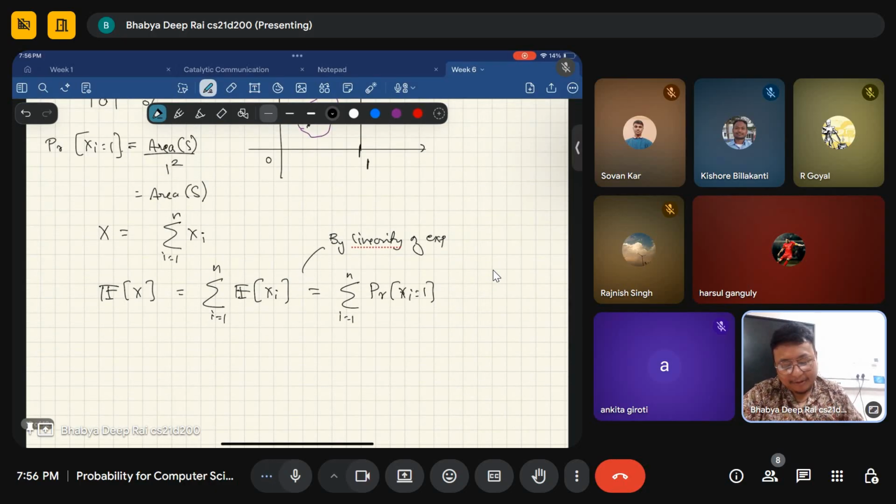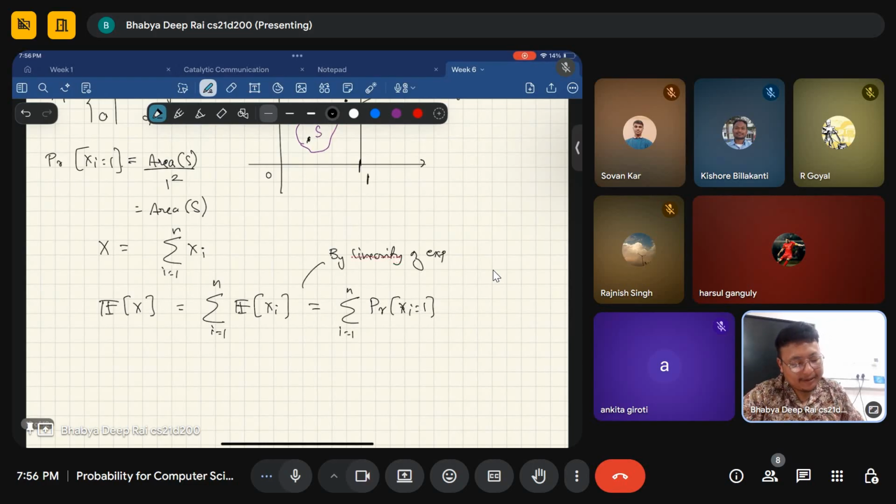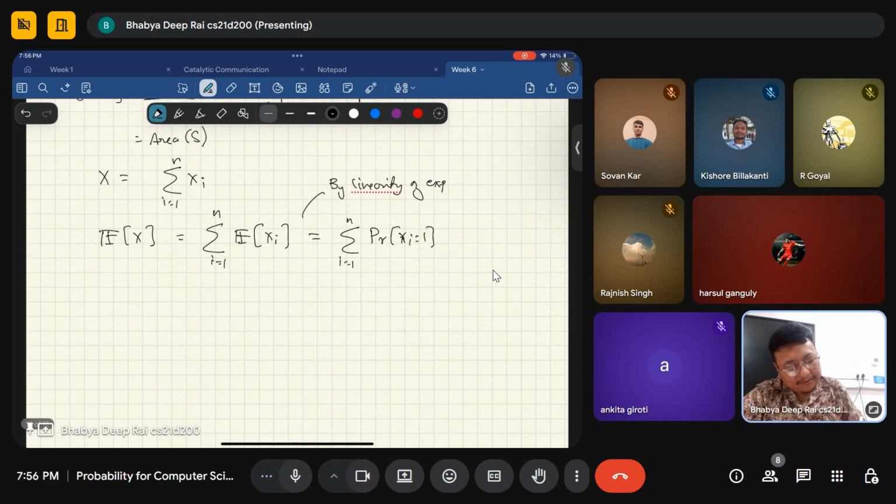But what did we find? The probability of xi equals 1 is exactly equal to the area of S. So this is the summation i equals 1 to n of the area of S, which is equal to what? I'm adding the same area. This does not depend on i, and I'm adding it n times, so it is n times the area of S. So this is what I get at the end.